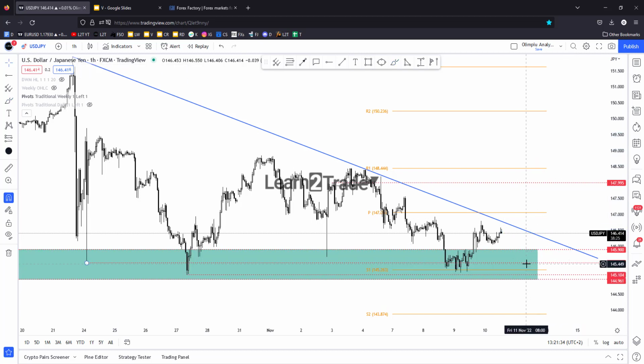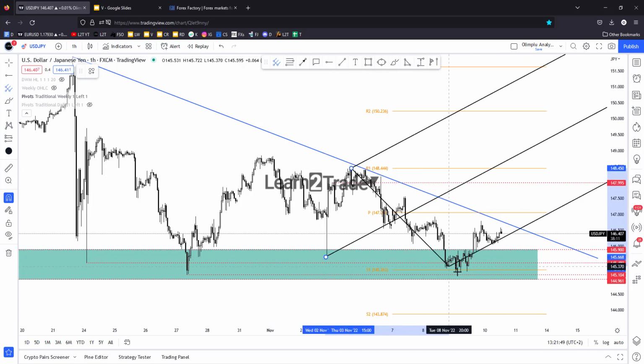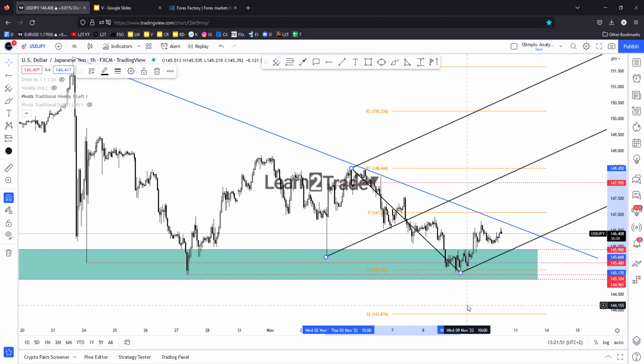If it stays above all these support levels, downside obstacles, a valid breakout, a new higher high could signal potential upward movement. Personally I will use also an ascending pitchfork.